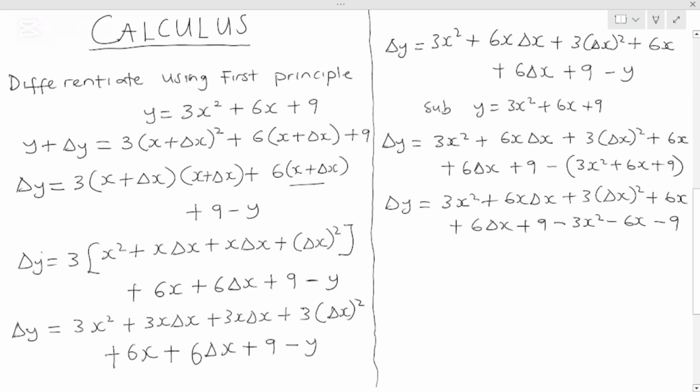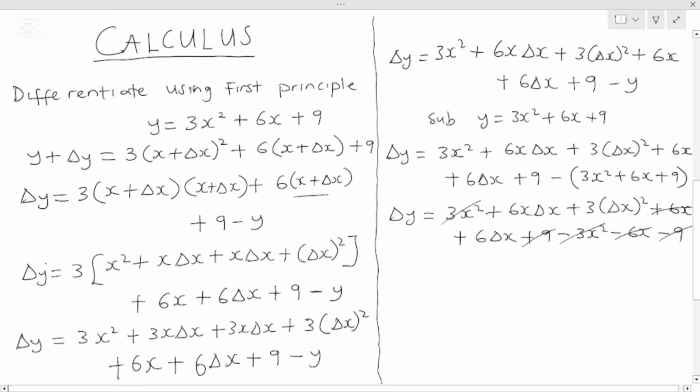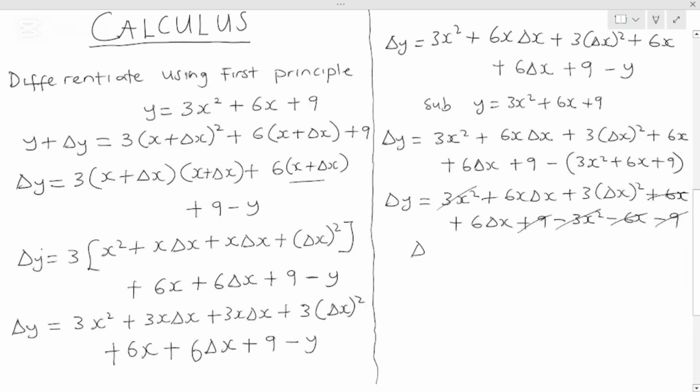So looking at this now, some terms are cancelling out. 6x minus 6x, 9 minus 9, 3x squared minus 3x squared. So we have only these three terms remaining. So dy is equal to 6x change in x plus 3 change in x squared plus 6 change in x.